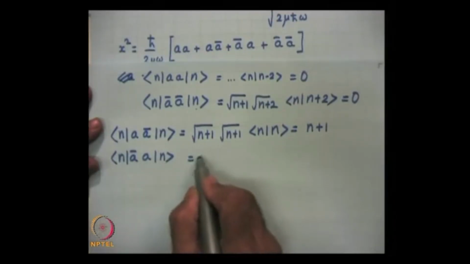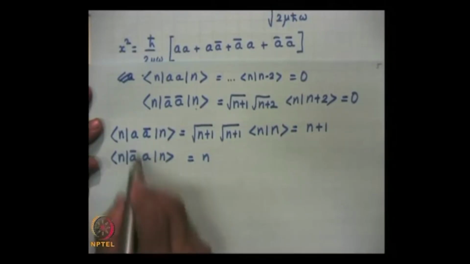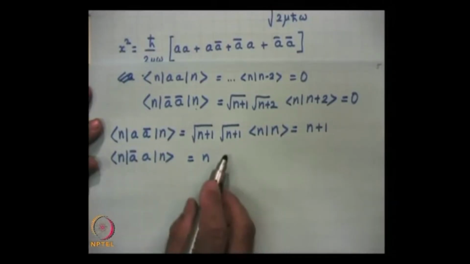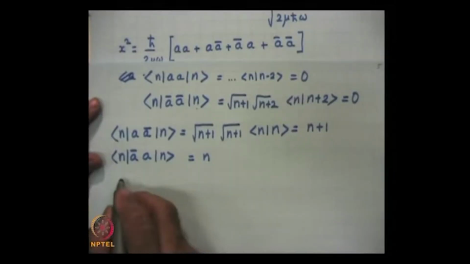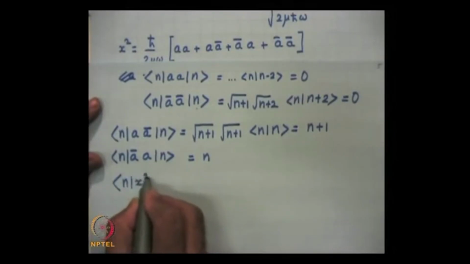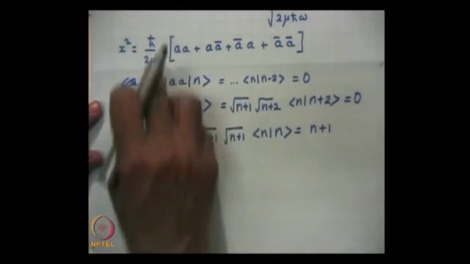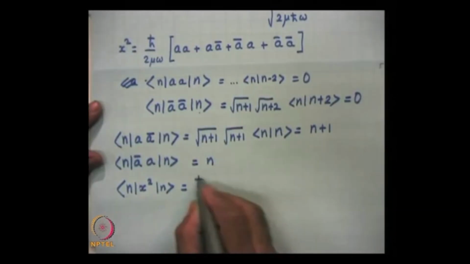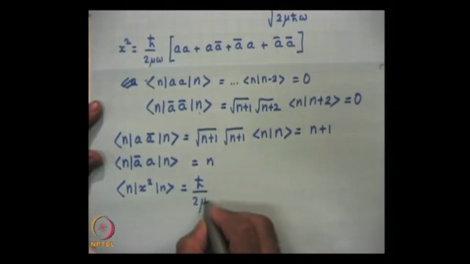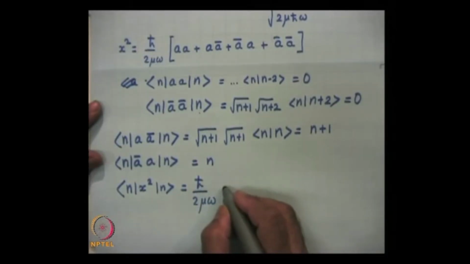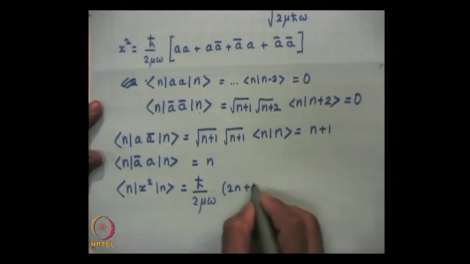So, this will be n. If I sum them up, then we will get 2n plus 1. Therefore, bra n x square ket n will be equal to h cross by 2 mu omega times n plus 1/2 times 2, that is h cross by 2 mu omega times 2 times n plus half.